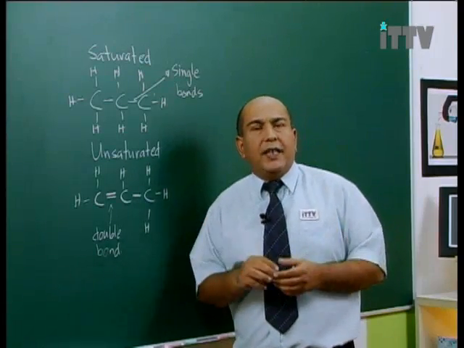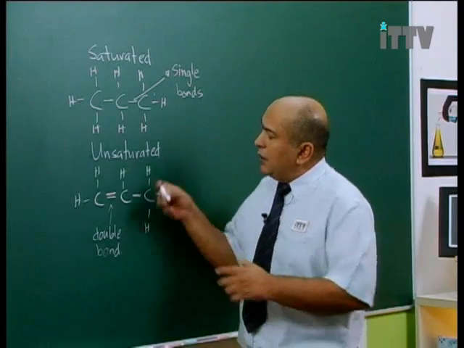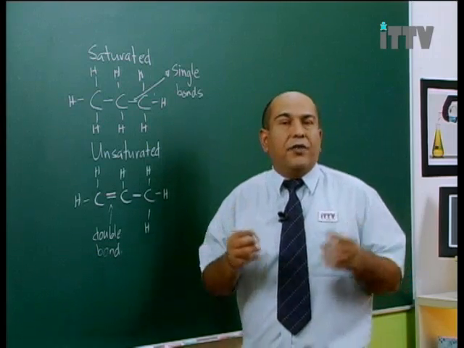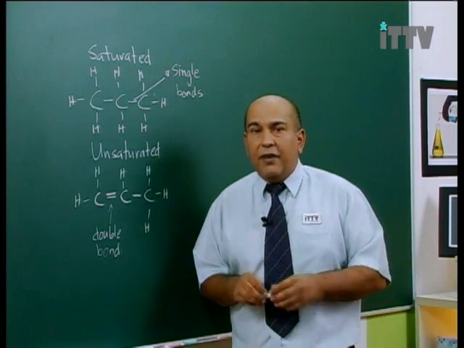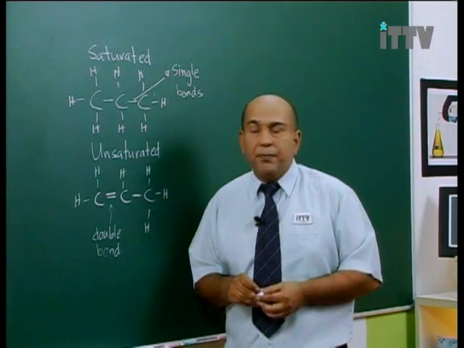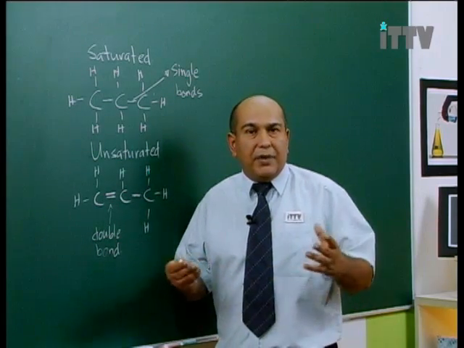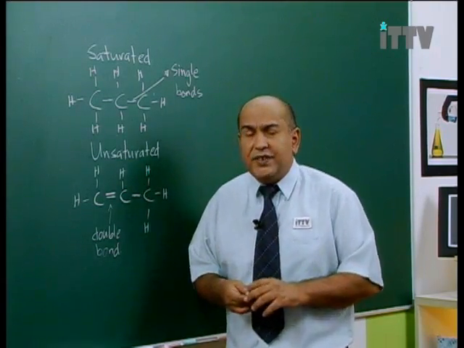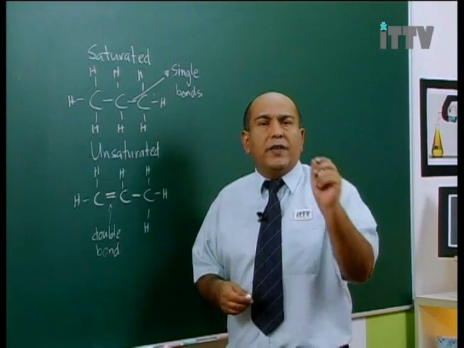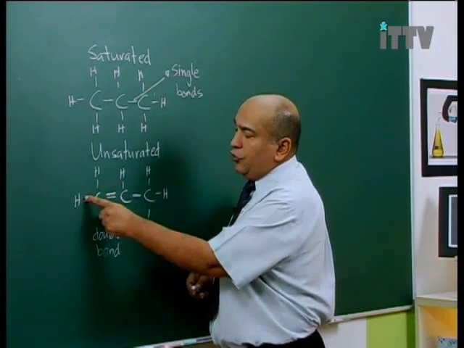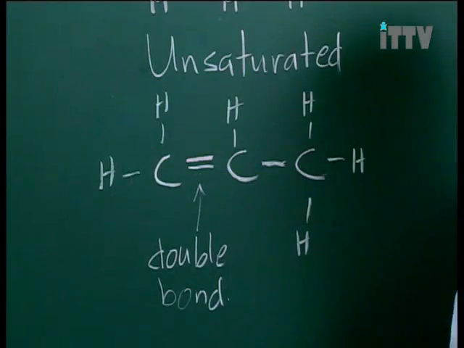You might also notice that there's a slight difference in how the hydrogens are represented. Once again, this is based on the fact that carbon needs to only have 4 covalent bonds. So when you draw these later on in your classes or examinations, always be a bit cautious and double check to make sure that the carbons only have 4 bonds. This carbon has 1, 2, 3, 4 bonds.